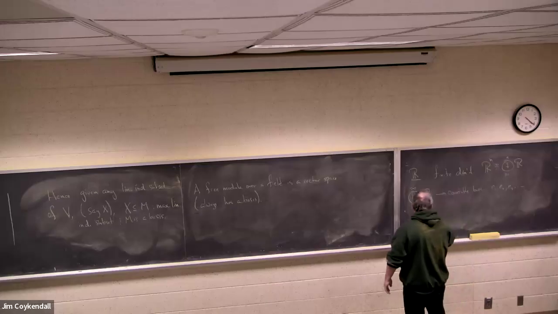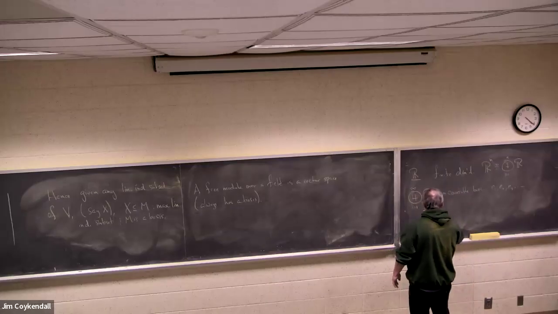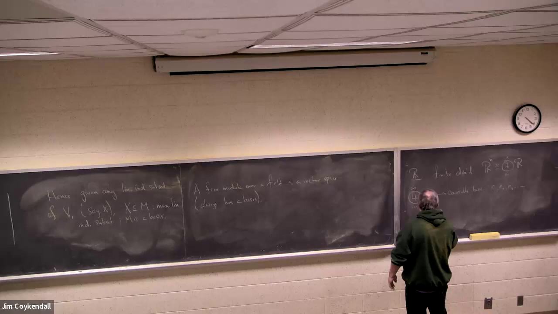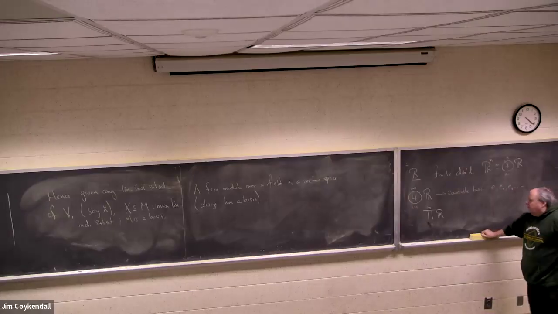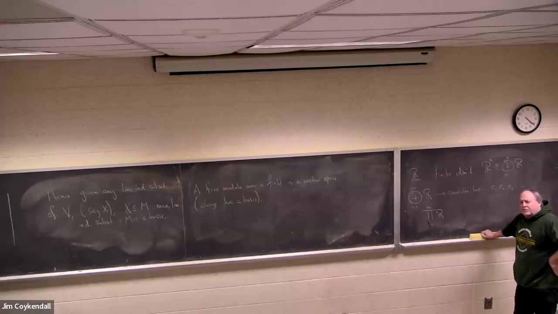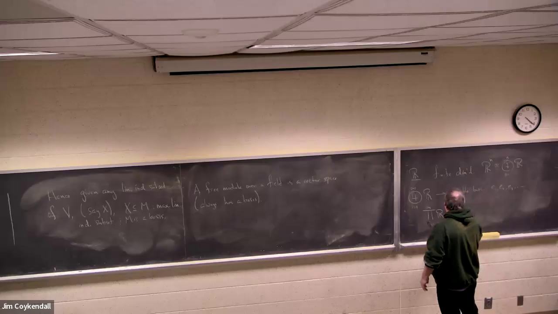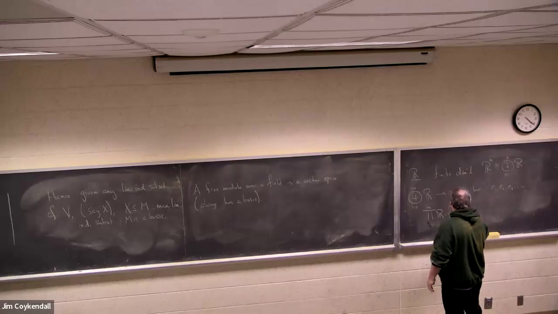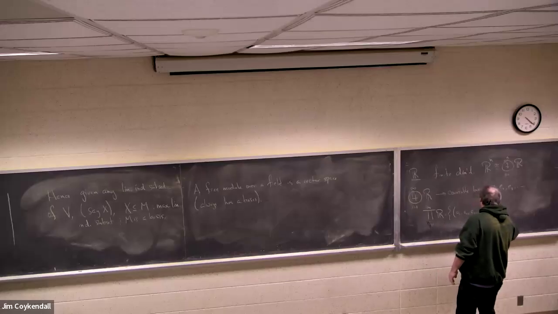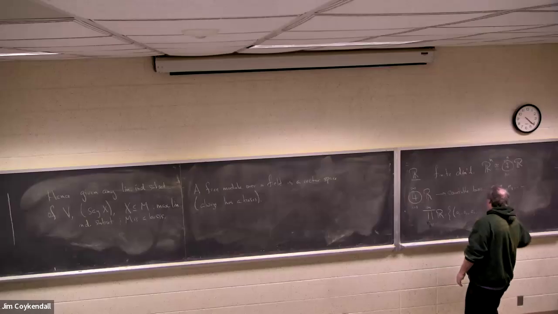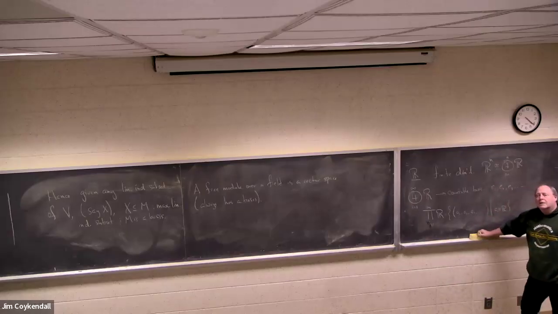In fact, here's one just for giggles. Look at this right here. This is the direct product, all the infinite vectors with no restriction, as opposed to the direct sum, where there's a restriction.